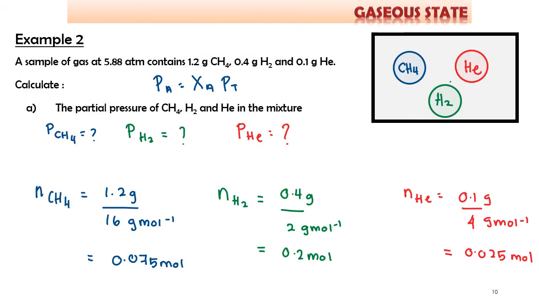Next example. Okay, so read the question. A sample of gas at 5.88 atm contain 1.2 gram of CH4, 0.4 gram of hydrogen gas, and 0.1 gram of helium. So you need to calculate the partial pressure of each gases in the mixture.